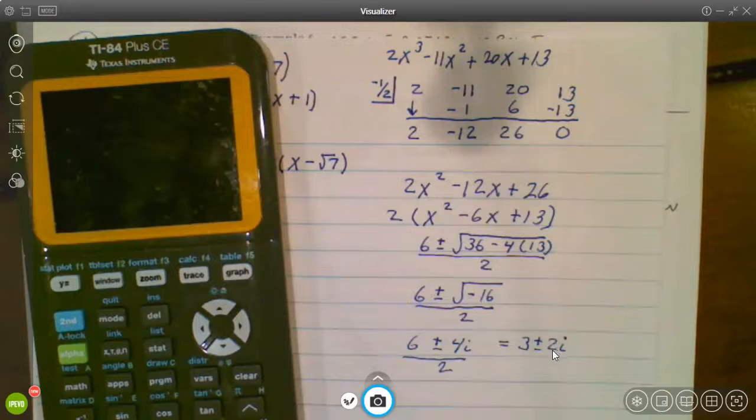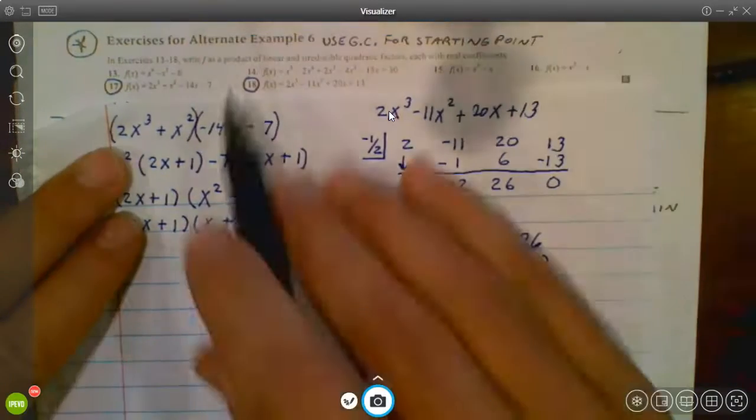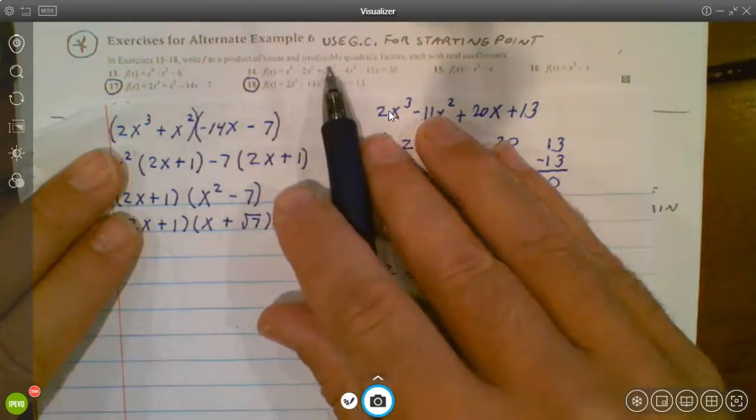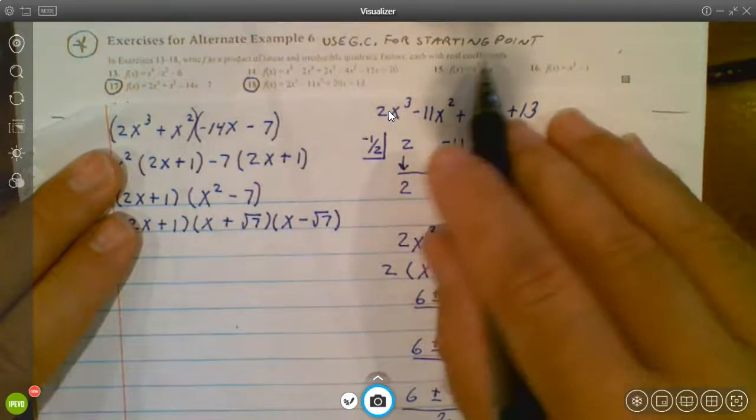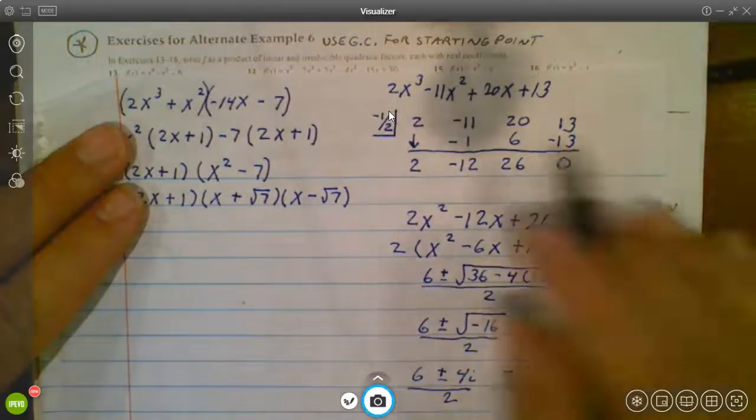If the problem says find the real zeros, I would only list the real one. Based on the directions we're looking at right now, this is a product of linear and irreducible quadratic factors with real coefficients. So here's what all that fun stuff means.